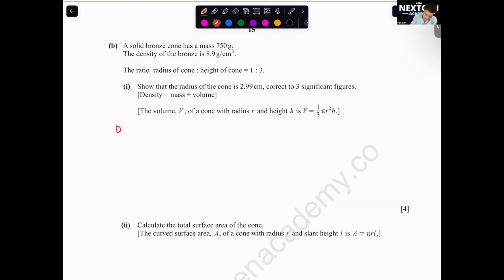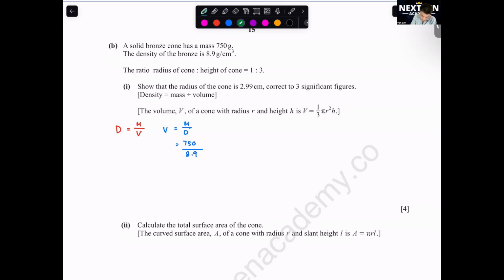Number one, they say density is mass over volume. Okay, we can rearrange the formula to write it as volume equals mass over density. Let's find the volume of this cone first. Mass is 750 gram over the density of 8.9 gram per cm cube. So what is the unit that you will get?